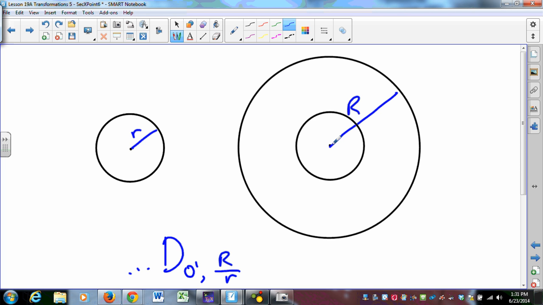So that's the thing you need to know about dilations and their connection to similarity. Two figures are similar if a similarity transformation can be found, a composition of an isometry and a dilation, that takes the one onto the other. Okay, so that's your big idea. There it is. Off we go.